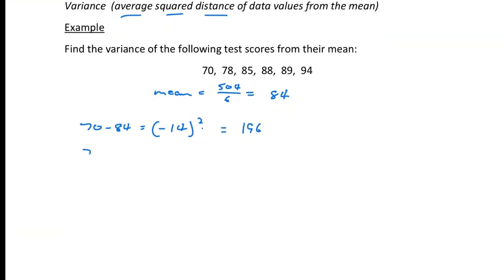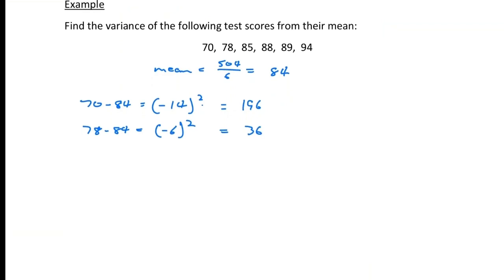If I do the same thing for 78, 78 minus 84 is negative 6. If I square that, I get 36. Now, I'm not going to do all the calculations here, but if I would do it for the next 4, I would get 1, 16, 25, and 100.